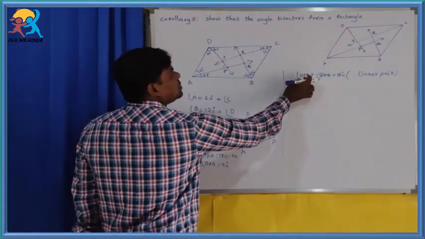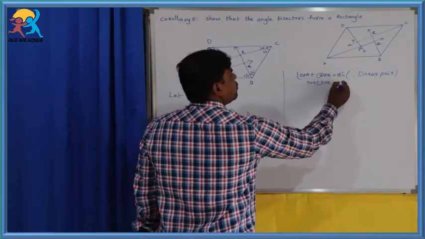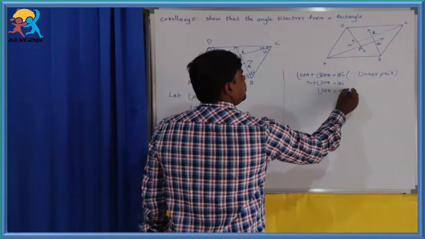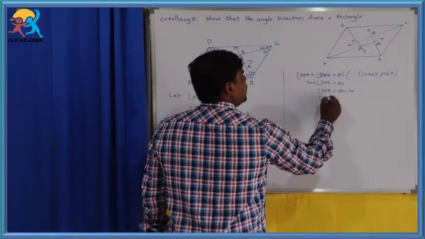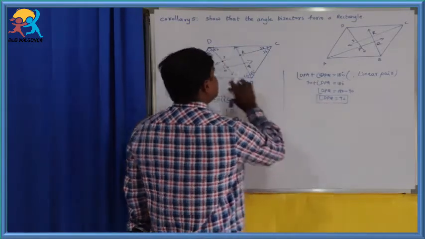Now itself we got this is 90. So, 90 plus angle DPQ is equal to 180 and angle DPQ is equal to 180 minus 90. So, angle DPQ is equal to 90. This we got.